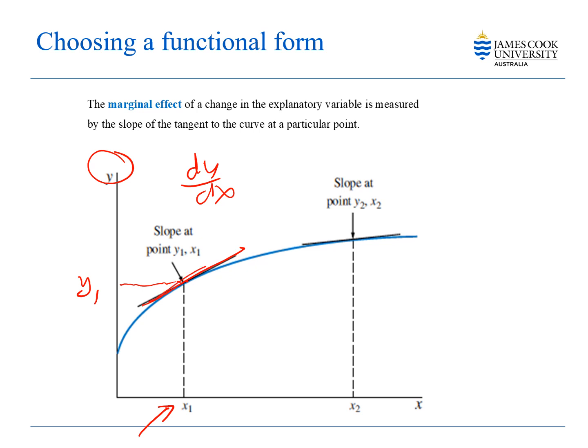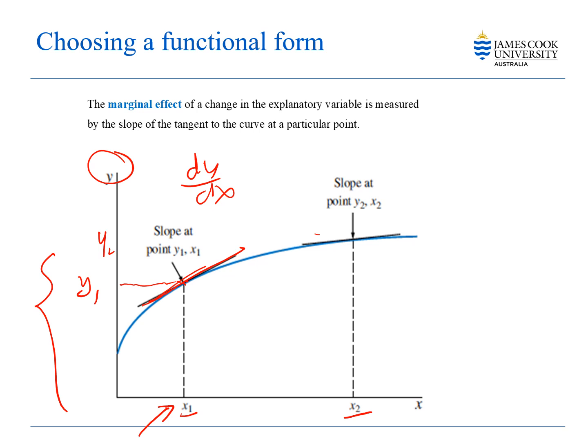Let's move. If x increases from x1 to x2, we move from this point to this point, and now the corresponding y2 is this level. And we can draw a tangent line, a line touching the curve at that particular point. Tangent means touching at only one point.